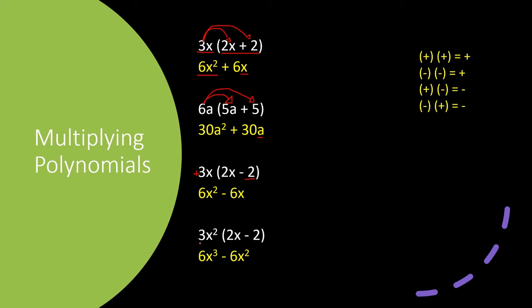Okay, next, 3x squared times 2 is equals to 3 times 2 is equals to 6. X squared goes along for the right, and a positive times a negative is equals to a negative, just like it shows right here on the rules of the symbols. Very nice, my friends. Let us go into our next examples.